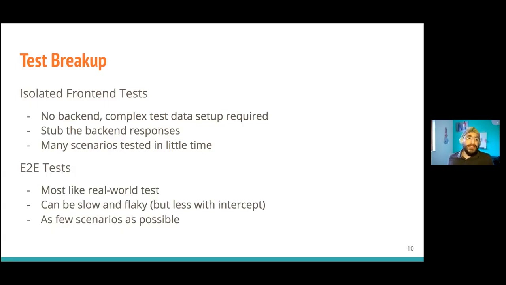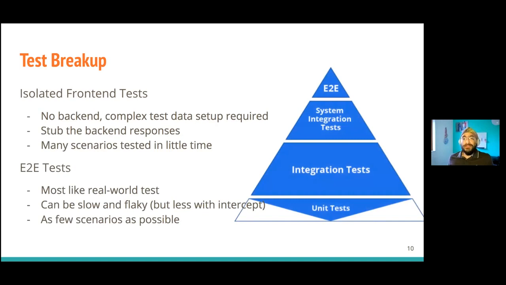If you think about it, it fits the testing pyramid, where you have as few end-to-end tests as possible and more lower-level tests, which in my case are the isolated front-end tests. They are very specific and they are stubbing things. They are mocking certain parts of the backend or the backend completely. So that is the basic idea.